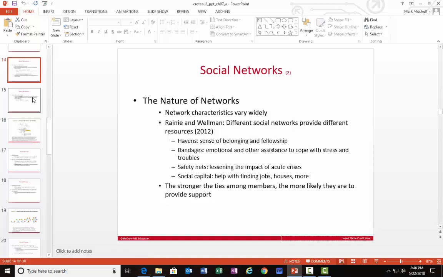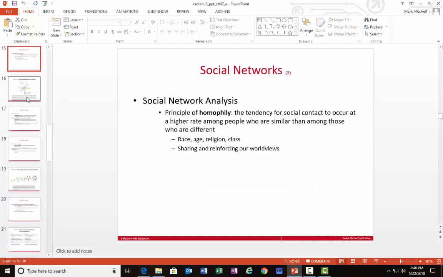I'm not going to mention them all, but just some of the different ones that are out there. So they certainly do fulfill a lot of needs that people have. And our book, in just a few slides, makes another distinction between the past versus today in terms of how people are connected one to another. So it's changing a little bit.